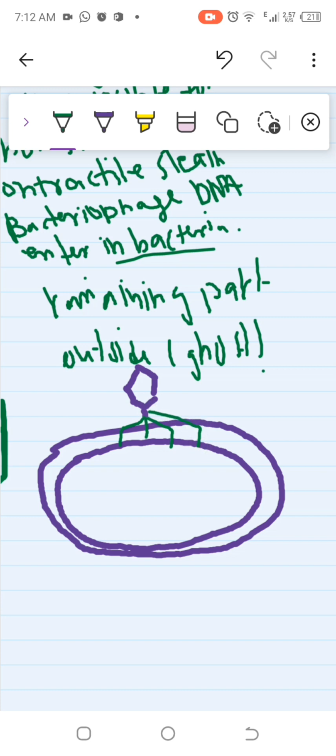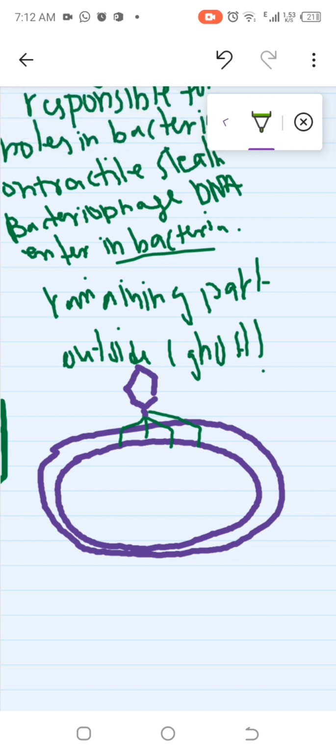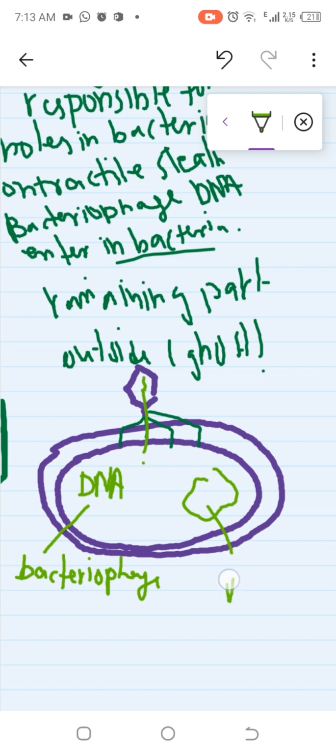Okay, this is the rough diagram I have drawn. So when this is attached, what will it release physically? Here you can see the DNA will come here. This is the DNA of the bacteriophage, and this is the bacteria DNA.